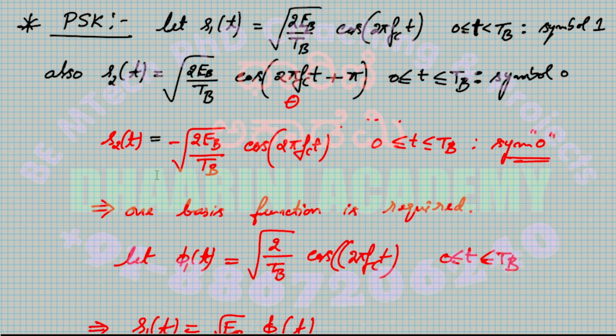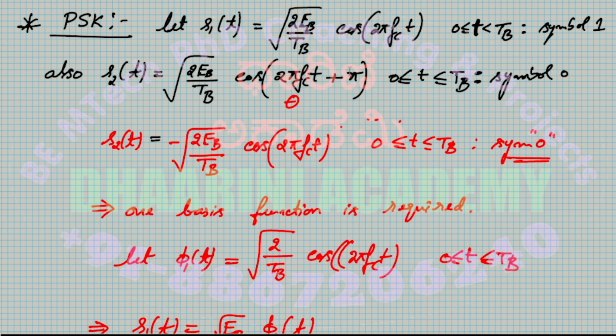So we have two phases. You can see S1 of t for symbol 1. S1 of t is denoted as root of 2Eb by Tb cos of 2 pi and so on. Similarly, you have to choose a different signal for the 0, but that should be an addition of phase of 180. That's all. So I write the same function and I add pi to that. Cos of pi plus theta is minus cos theta.